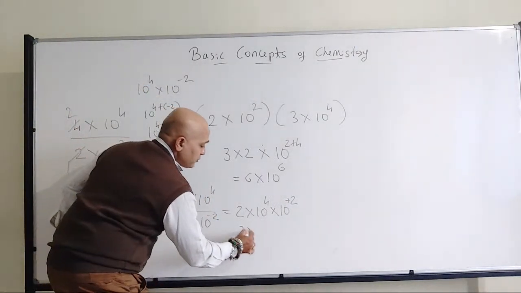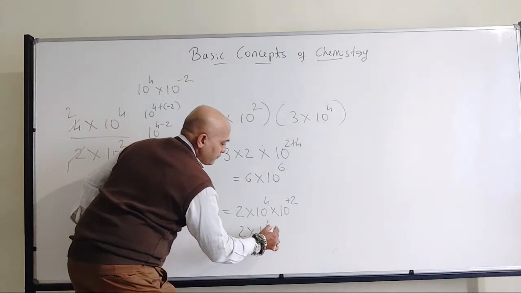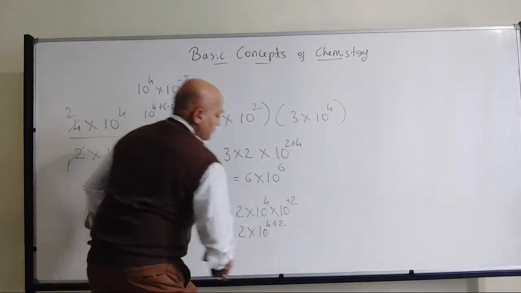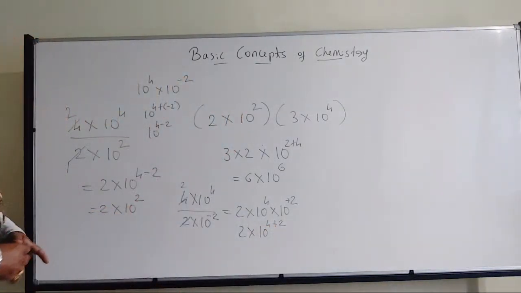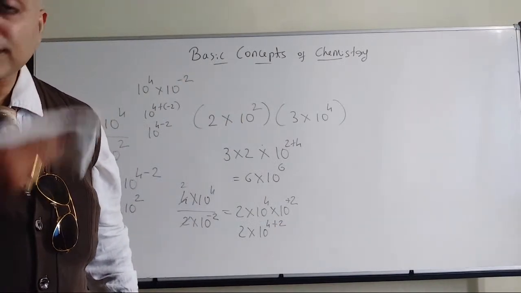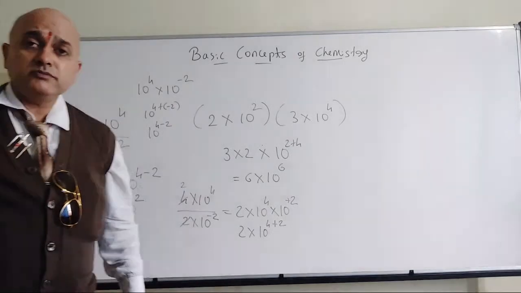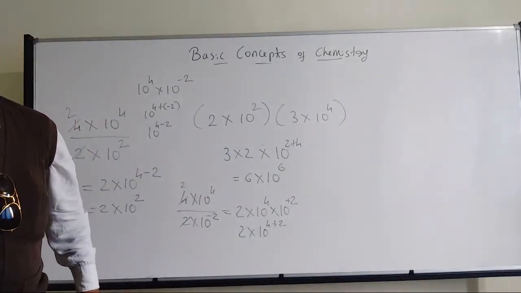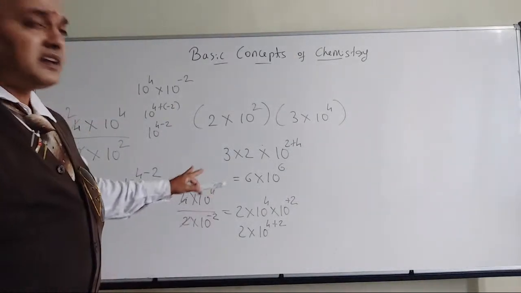So therefore 2 into 10 to the power of 4 plus 2. Got my point? So that's where we should have the clear observation while solving the problems. All of you have understood? Whether I am clear now?